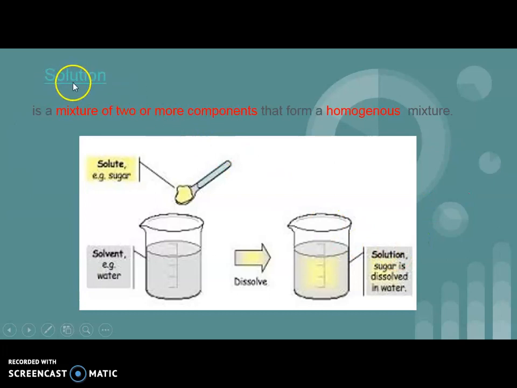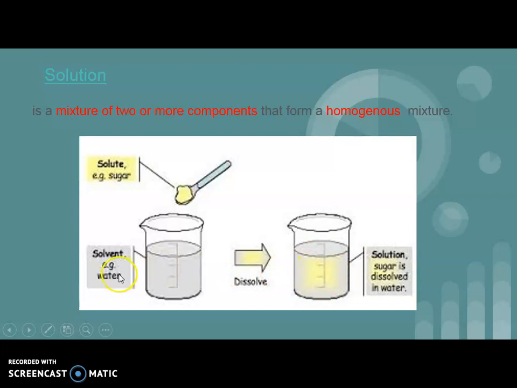Coming to our next part, solution. What is solution? Solution is a mixture of two or more components that form a homogeneous mixture. Say, in this case, if we dissolve sugar in water, it forms a mixture of sugar and water.